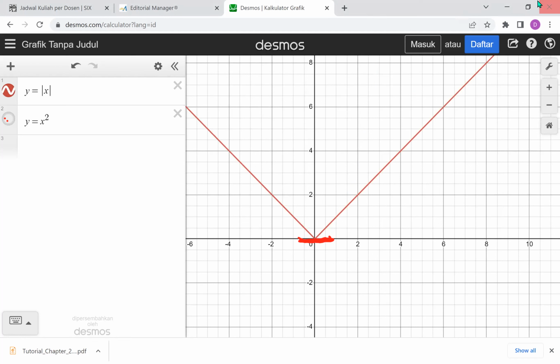Combining this with this observation, on the other hand, at 0, if I consider y equals f of x equals the absolute value of x, at this point the function does not have a derivative, or the function is not differentiable at that point. So the candidates for the maximum and minimum point can be divided into 3 types.